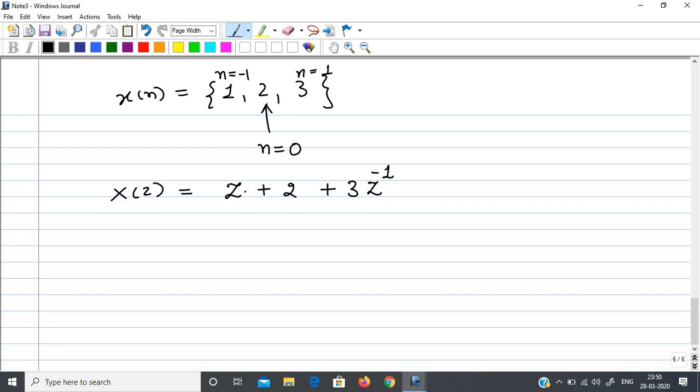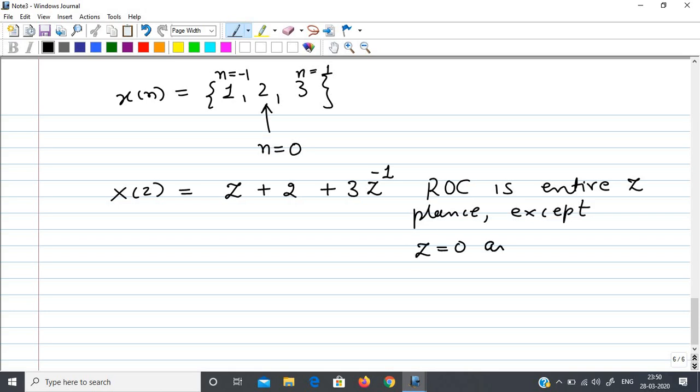And if Z is tending toward infinity, this term will become infinite. So what is the ROC? The ROC is the entire Z plane except 2 points, Z equals 0 and Z tending to infinity.